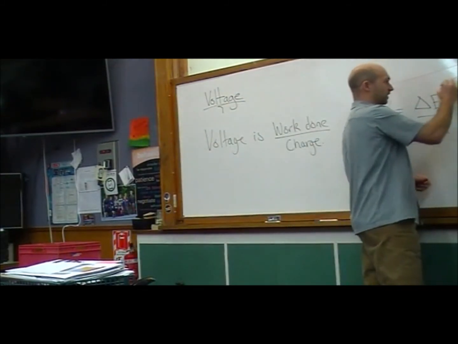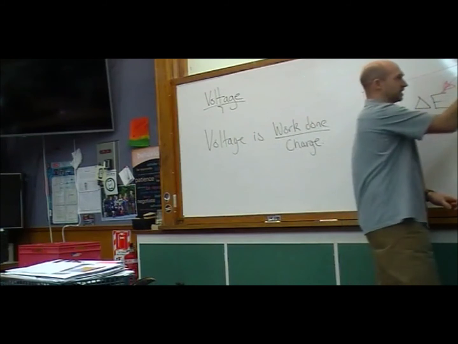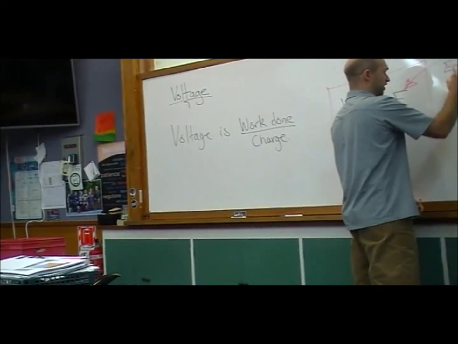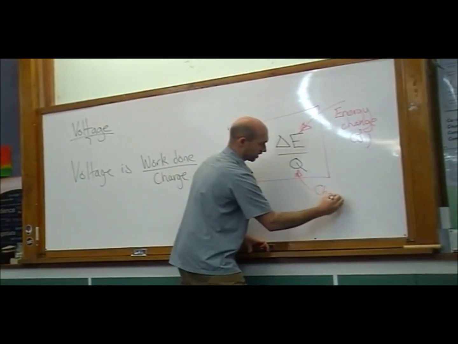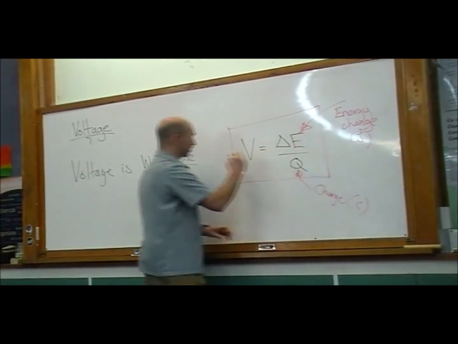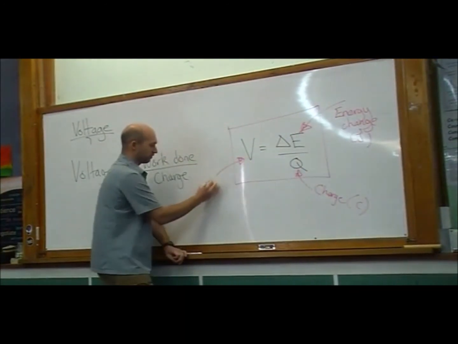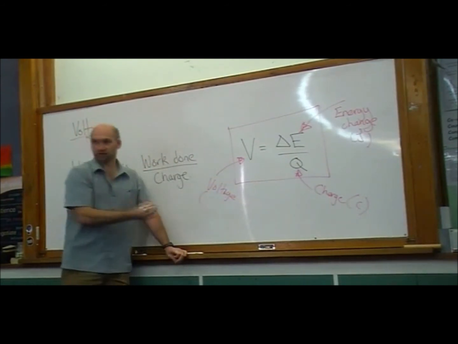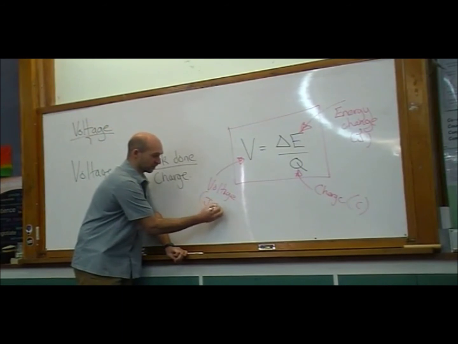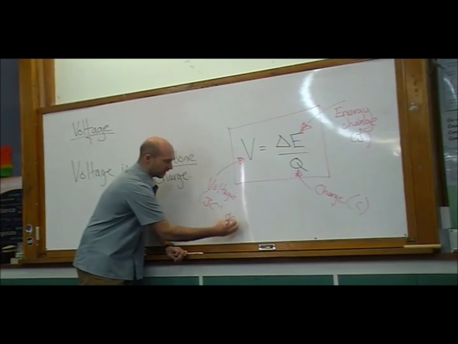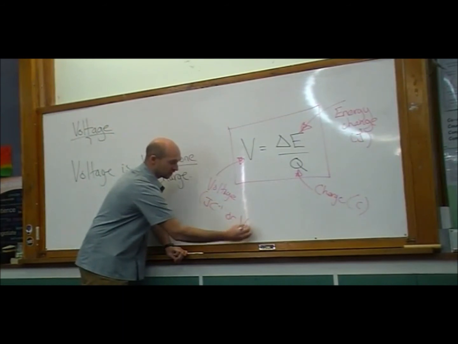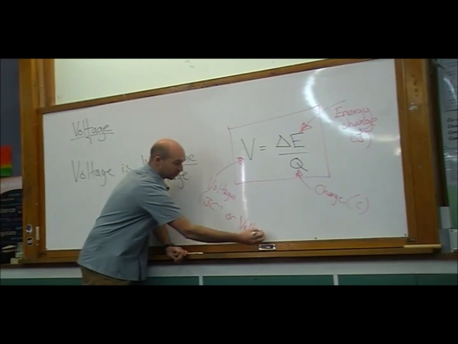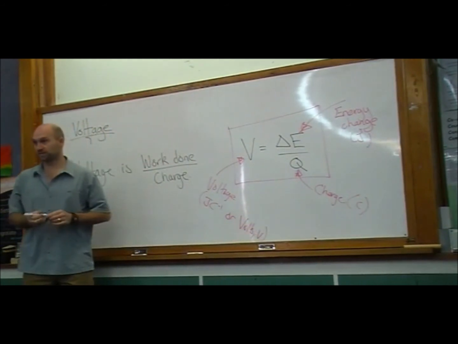So giving that equation some meaning, the energy change is measured in joules, charge is measured in coulombs, and so the voltage, we could measure it in joules per coulomb, but much more commonly you'll see it measured in volts, symbol capital V.